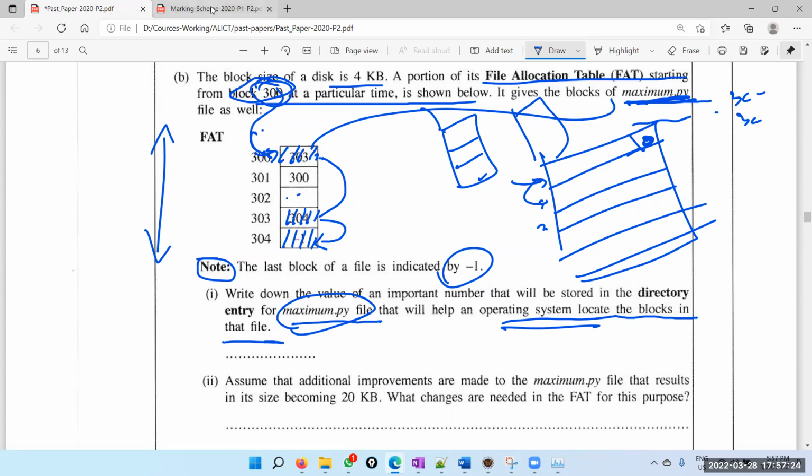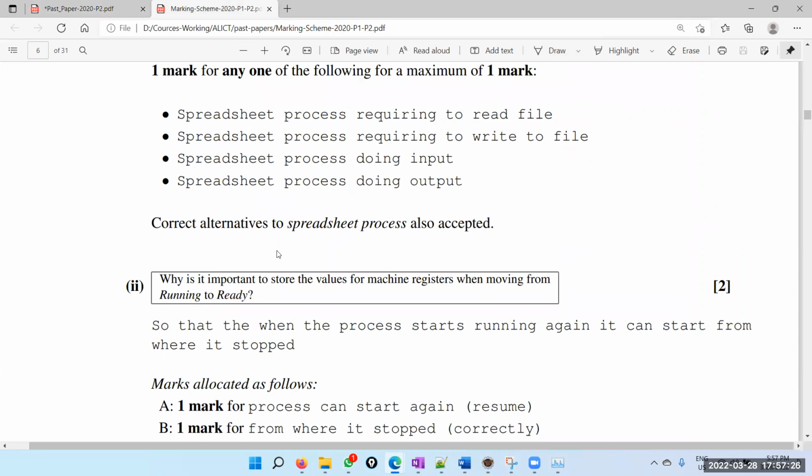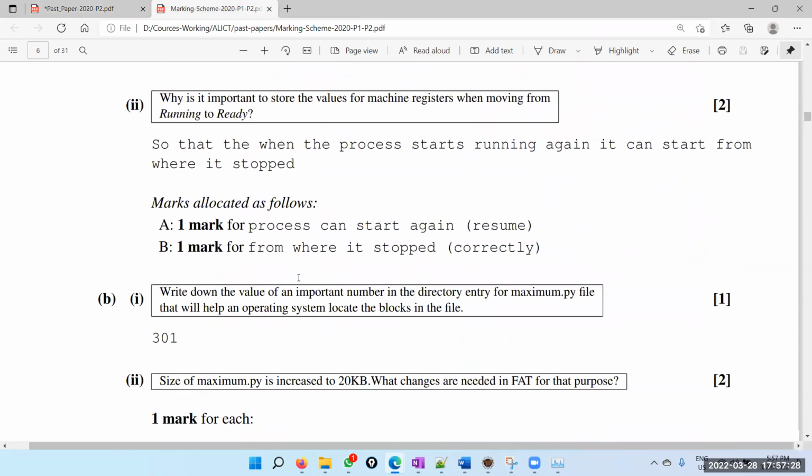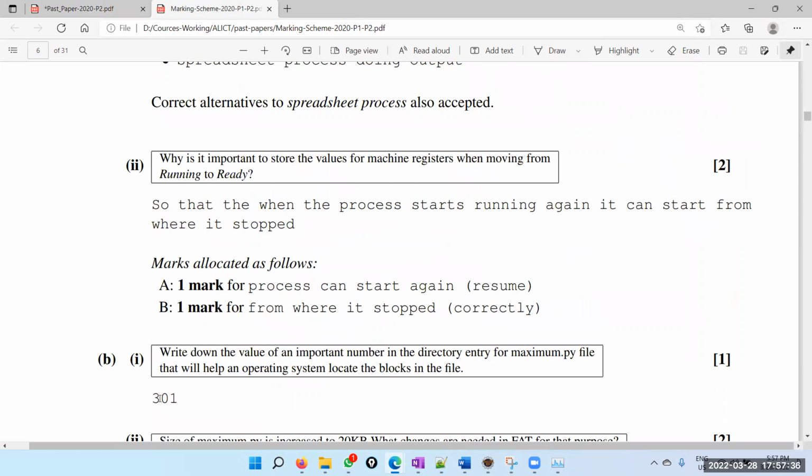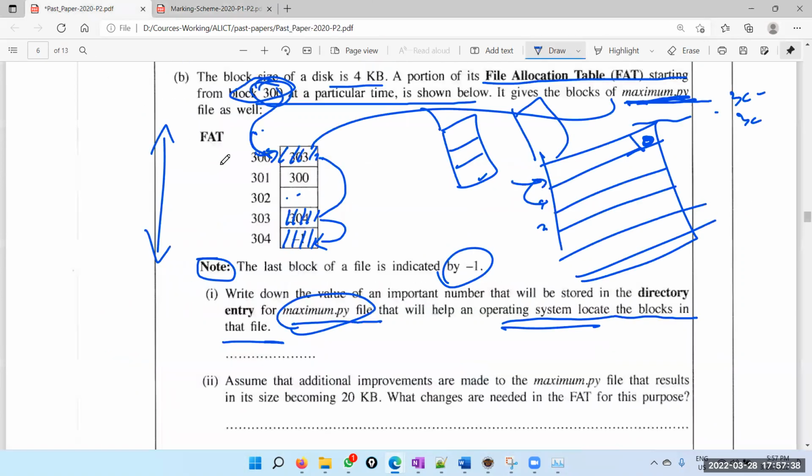300. Let's see the answer. Oh, why is it saying 301? Is it 301?